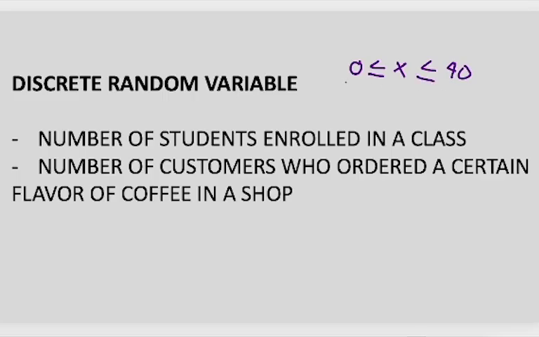In this case, where we have an upper limit of 40, this is considered to be a finite discrete random variable. For the second example, it's the number of customers who ordered a certain flavor of coffee in a shop. Same with the first one, we have 0 as our lowest possible value of our variable.